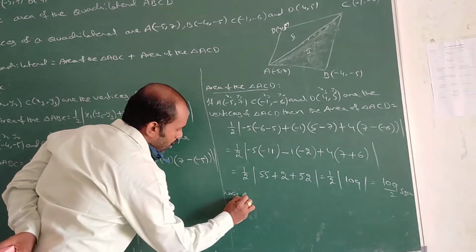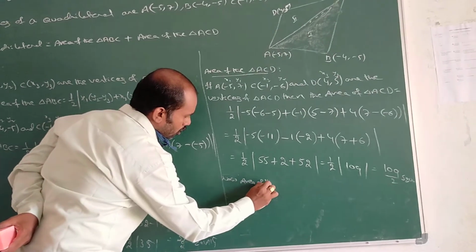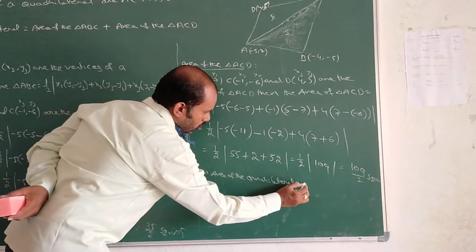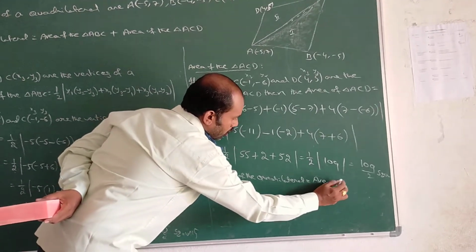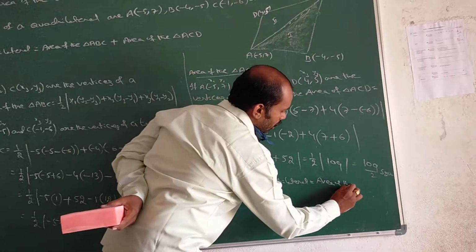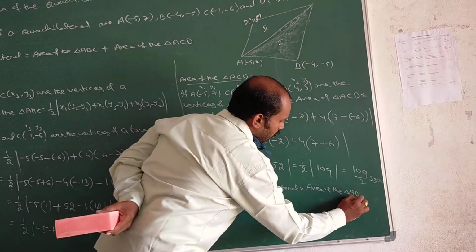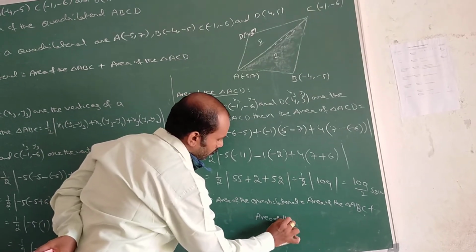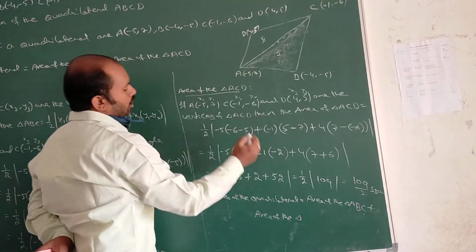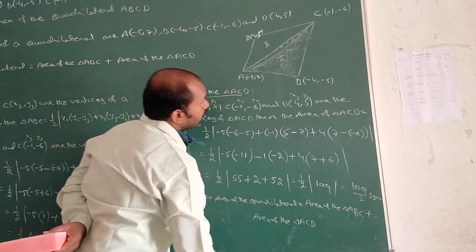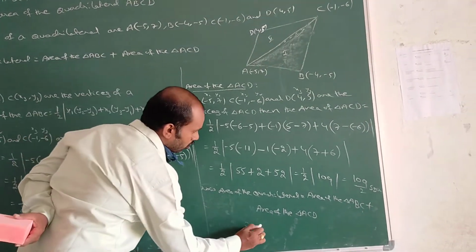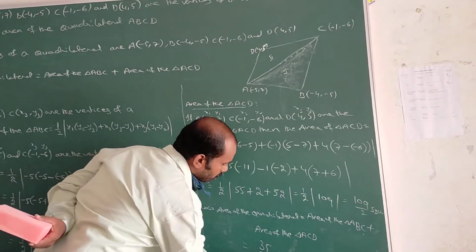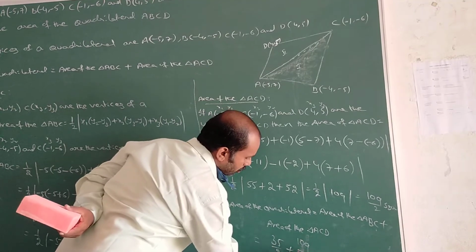Therefore now the area of the quadrilateral equals the area of the triangle ABC plus the area of the second triangle, ACD. Now add it, that is equal to the area of the triangle ABC, how much you get? 35 by 2, plus the second triangle, 109 by 2.